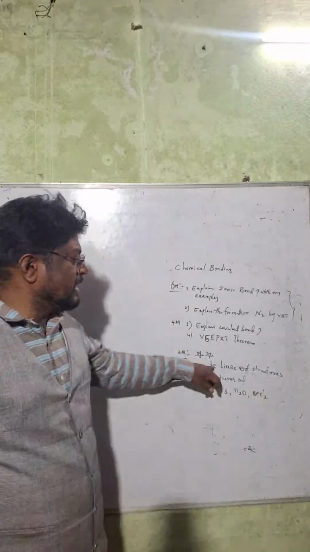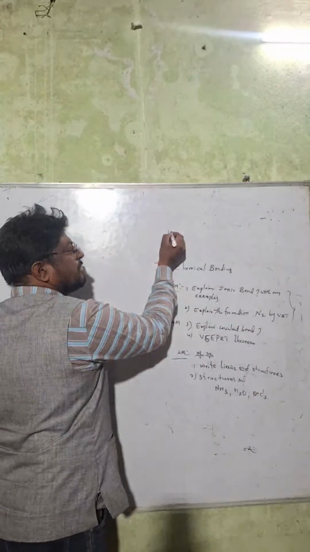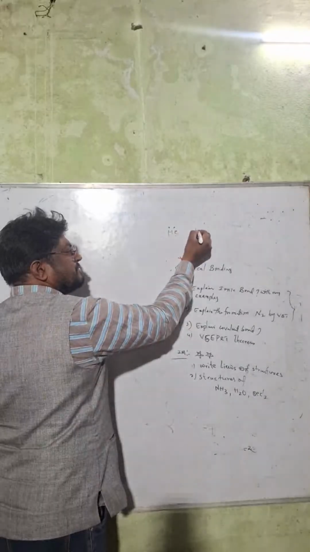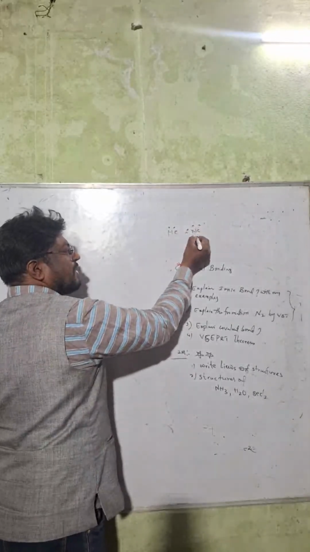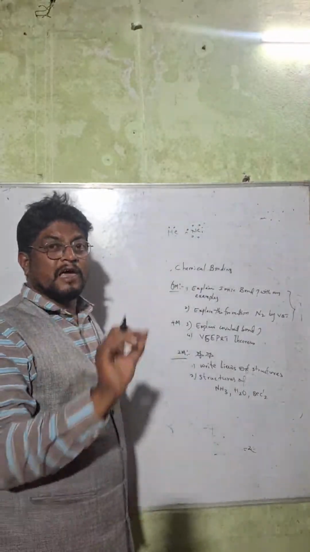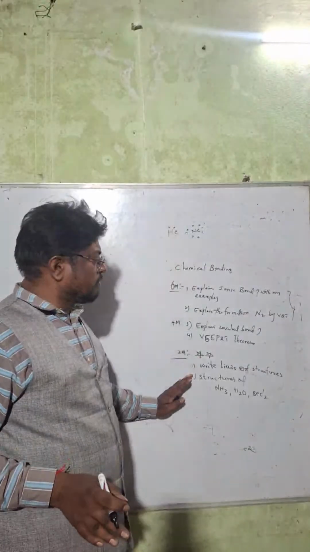For 2 marks, write the Lewis dot structure. As you know, helium has 2 dots and neon has 8 dots: 1, 2, 3, 4, 5, 6, 7, 8. By keeping electrons around the symbol, that is called a Lewis dot structure. You will get this as a 2-mark question.